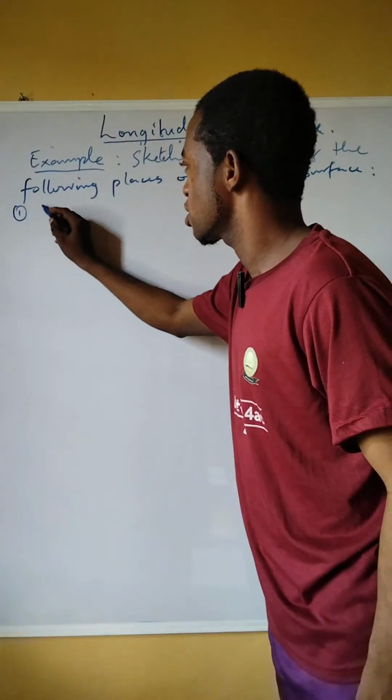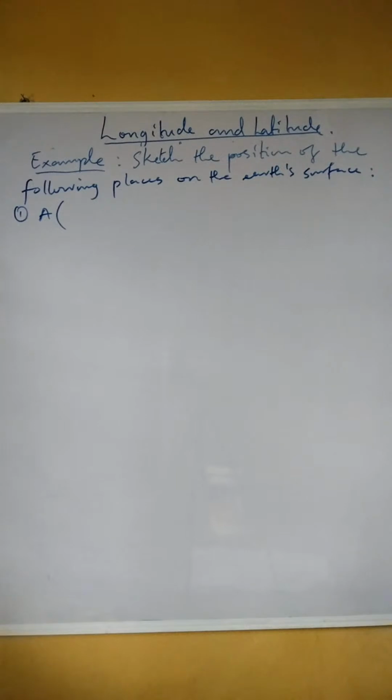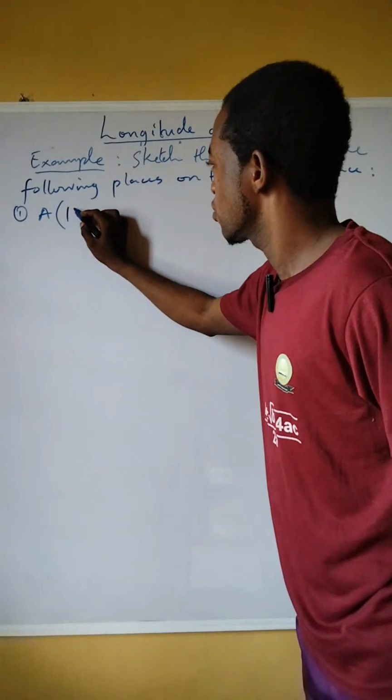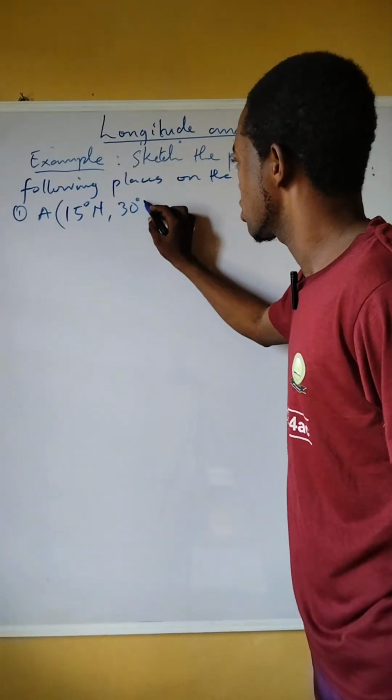We are given point A, and that point A is 15 degree north, 30 degree west.